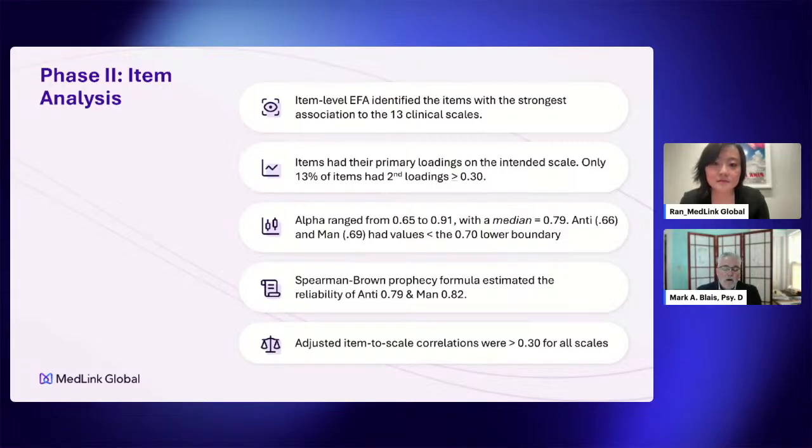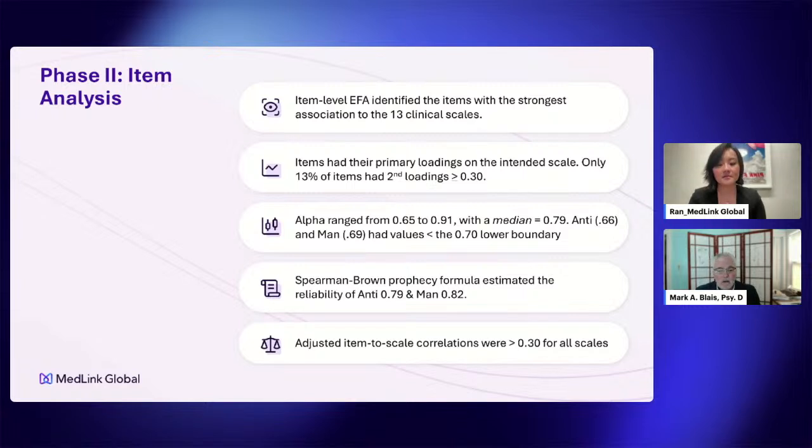However, it's important to remember that scale length has a strong impact on reliability at the item level. So our scales are brief. They're between 4 and 8 items each. Therefore, we use the Spearman-Brown prophecy formula to estimate the reliability for those two scales if they had 10 items.